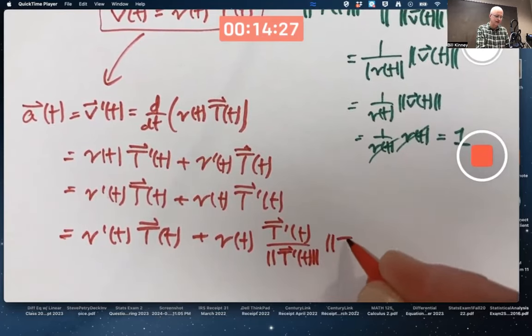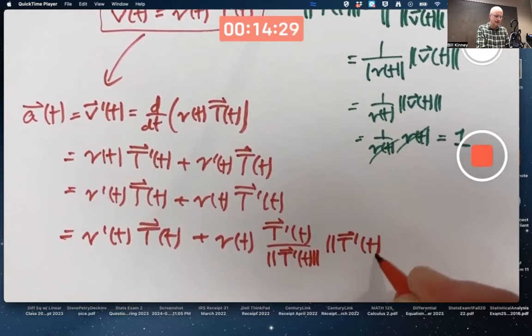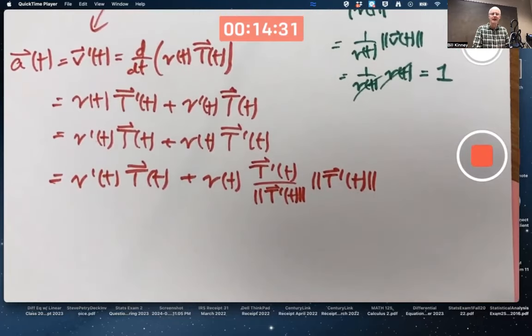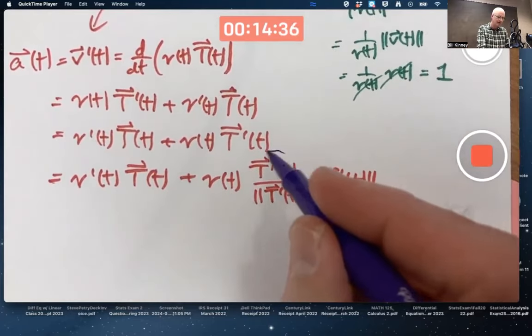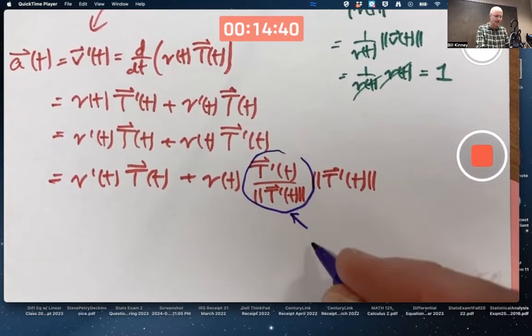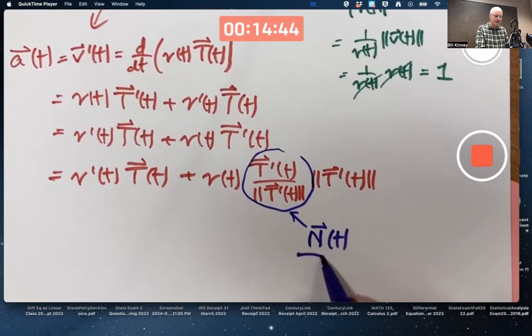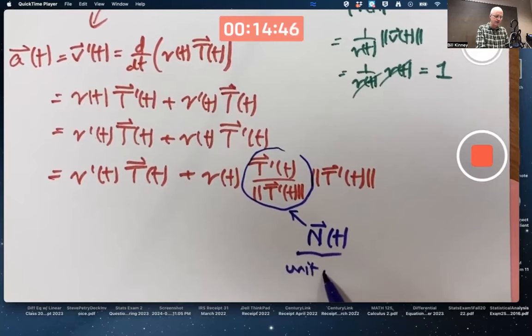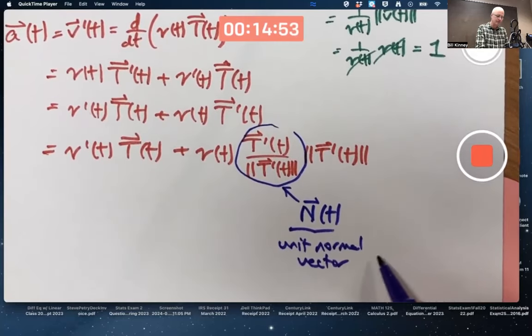Like this. And this new vector that you see right here, I'm going to give a new name to. I'm going to call it capital N of t. It's called the unit normal vector by definition.